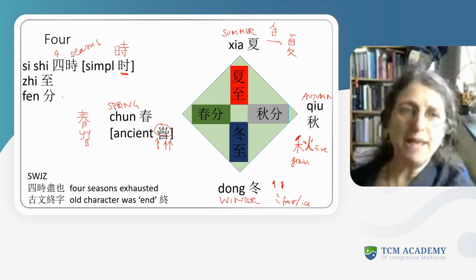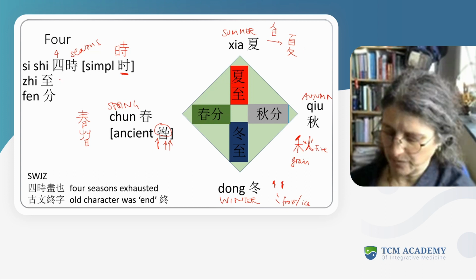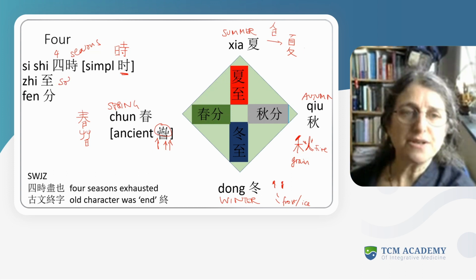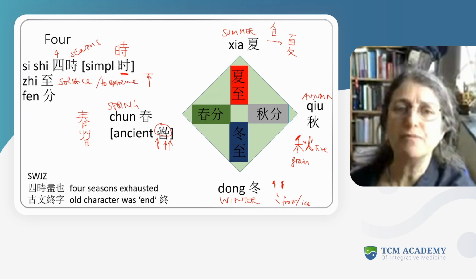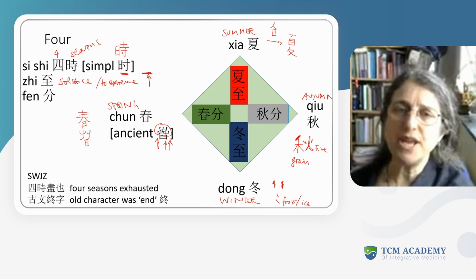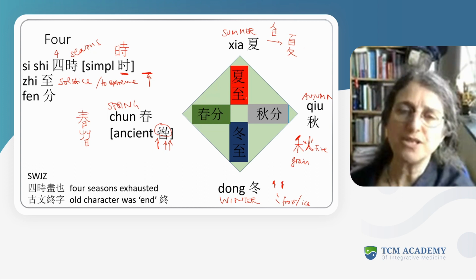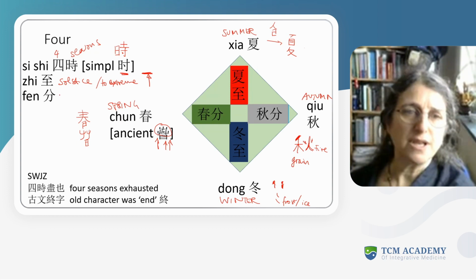Anyway, here I've got 2 more characters, and this is to do with solstice. It actually means, you know, to the extreme, going up to the topmost point. And so here you've got summer solstice, winter solstice, and then this is equinox.